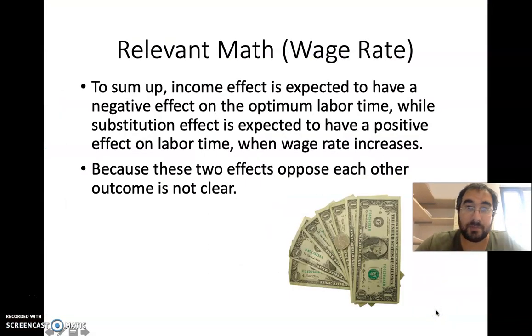Last time I told you that wage is creating two different effects. One effect is created by the fact that when you have a higher wage, you have a higher income, so you can afford to work less.